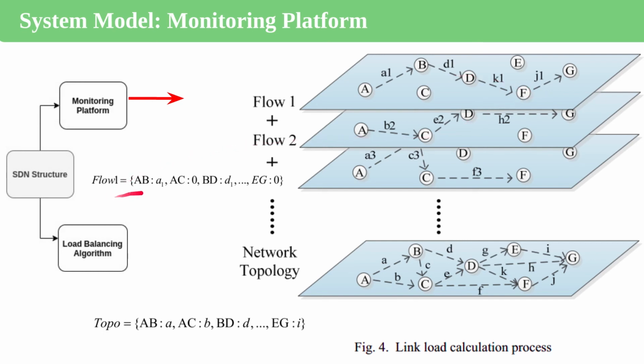And there is a dictionary here. The dictionary for flow 1 is AB equal to A1, AC equal to 0, BD equal to D1, and so forth. And this is the dictionary for network topology.